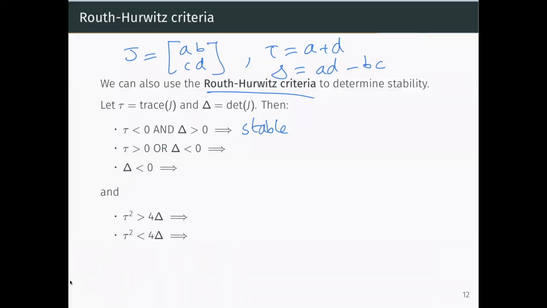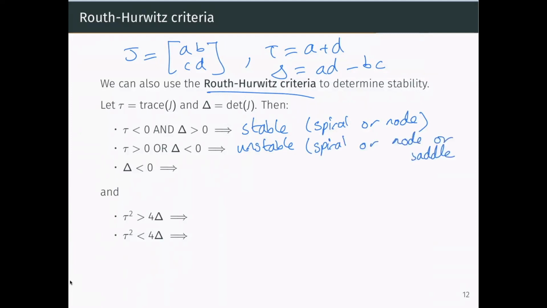And if either our trace is positive or our determinant is negative, then that means that we have something that is unstable. So this top one here, it could be a spiral or a node. Here we could have a spiral or a node or a saddle. In fact, if our determinant is negative, then we always have a saddle.